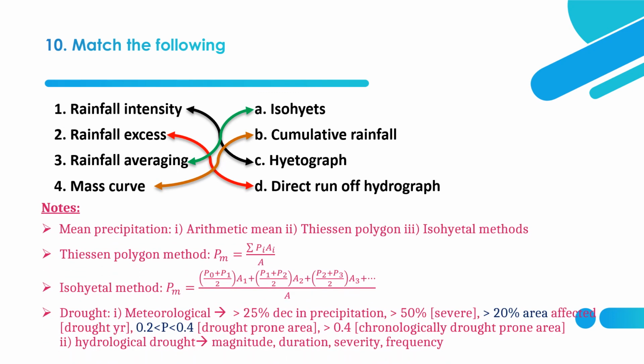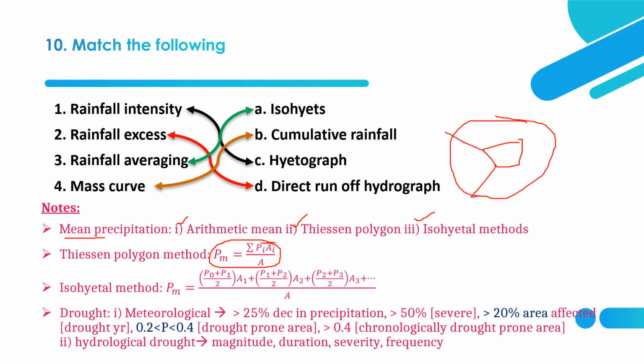Let's see more things about precipitation. When we want to calculate the mean precipitation value, we can use three methods: the simple arithmetic mean method, the Thiessen polygon method, and the isohyet method. The Thiessen polygon method goes like this: PM is equal to summation of Pi Ai by A. In the Thiessen polygon method, we divide a catchment area into polygons and find the area of those polygons and the corresponding precipitation.